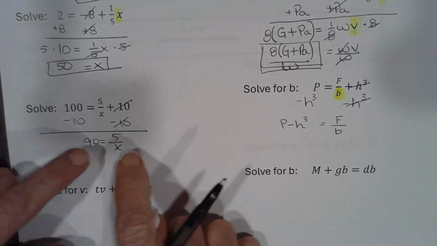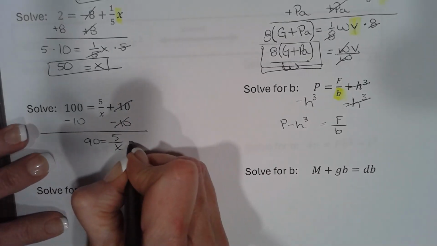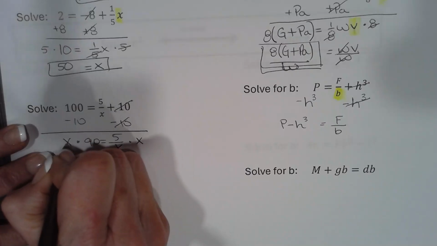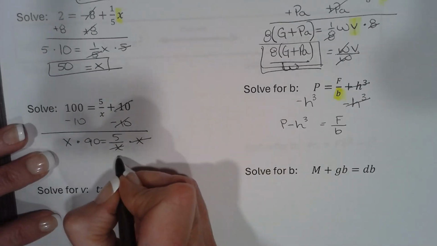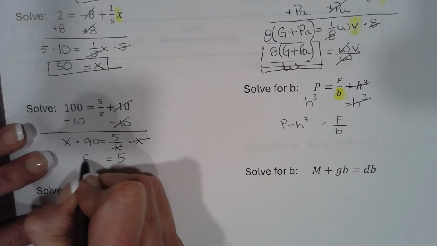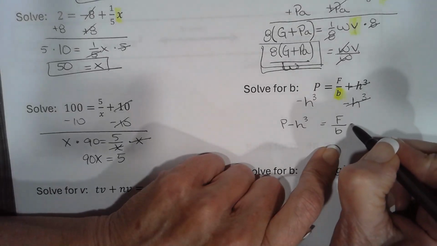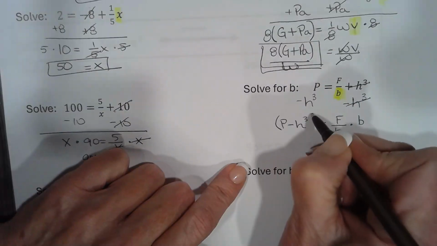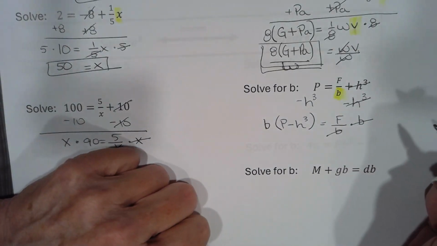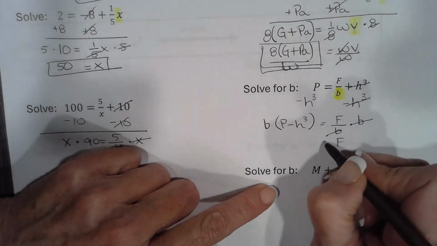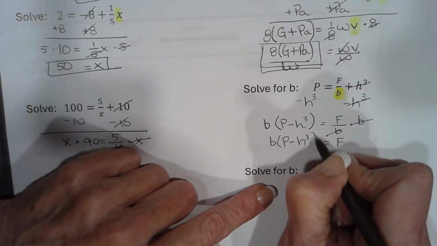Now, x is in the denominator. It cannot be in the denominator. So if it's in the denominator, the way to get it in the numerator is to multiply both sides by x. In other words, it's divided. I'm going to multiply. So now I have 5 equals 90x. Same thing here. I'm solving for b. It cannot be in the denominator, so I'm going to multiply. And again, I'm going to have to do that because it's two terms. I'm multiplying both sides by b. So now I have f equals b times (p minus h cubed).